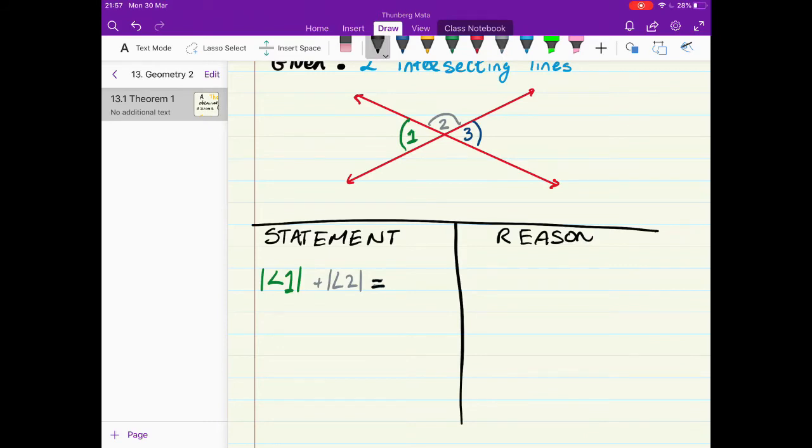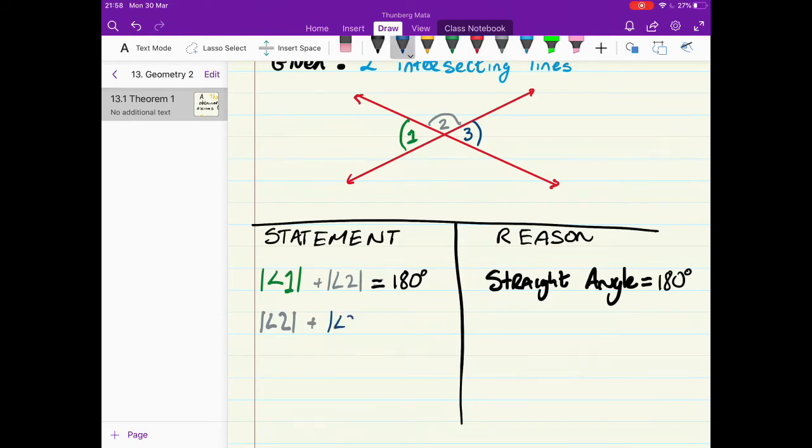So angle 1 plus angle 2 is equal to 180 degrees. And the reason I can say that is that if we look at this entire angle here, that's a straight line. So we have a straight angle. So a straight angle is equal to 180 degrees.